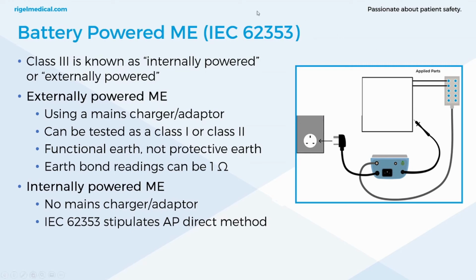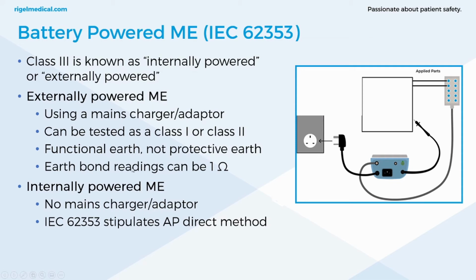Externally powered should just be treated as you would a Class 1 or Class 2 device, even if it's battery powered. So if it has a mains charger or adapter, it's just tested as you would any other normal Class 1 device. The power supplies will have a functional earth, not a protective earth.